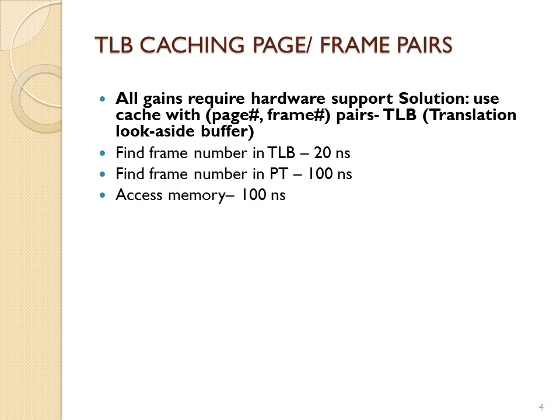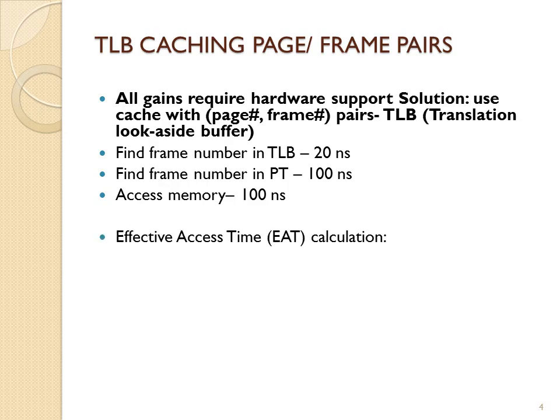So it's 100% overhead for paging. Say you have a TLB and it only takes 20 nanoseconds to reference it, then it would only take 120 nanoseconds to do a memory reference as opposed to 220 nanoseconds.